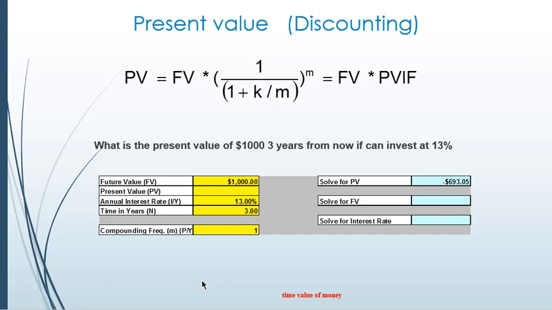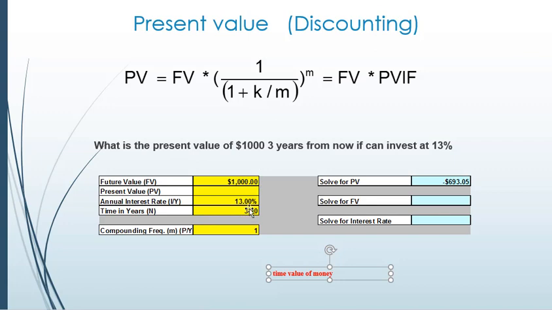Moving on to present value then, what's the present value of $1,000 3 years from now if we can invest at 13%? Essentially the hardest part of this is, number one, to know which worksheet to use. I'll help you with that as much as I possibly can. This is the time value of money worksheet. The hardest part then is just putting the variables, the numbers, where they belong. It's a future value, $1,000.